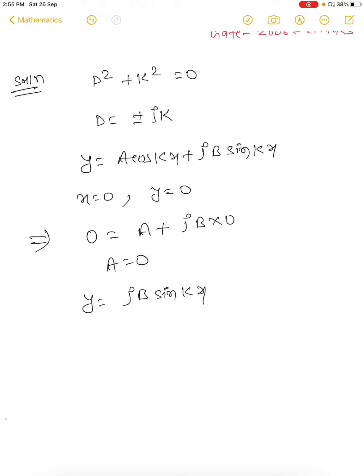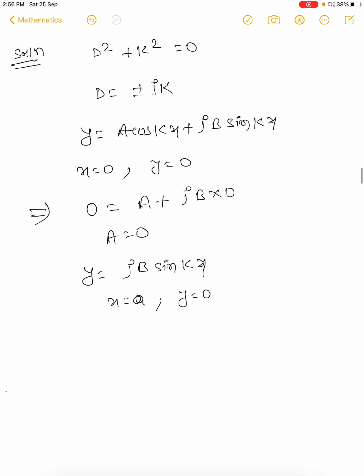Next condition, x equal to a, then y equal to always 0. Here y is also 0, so y equals b sin ka.